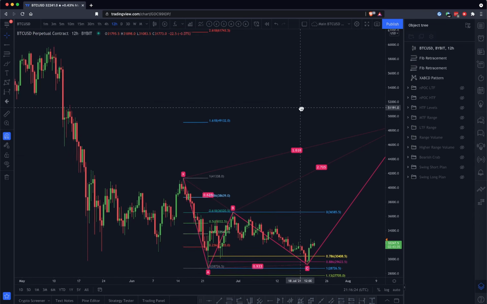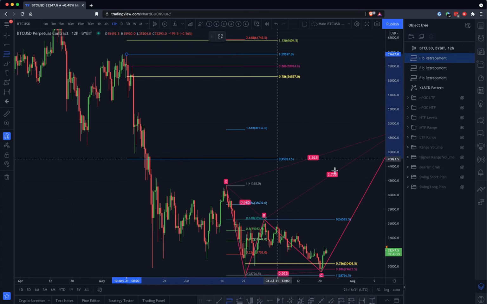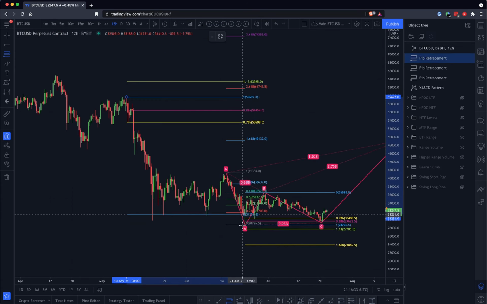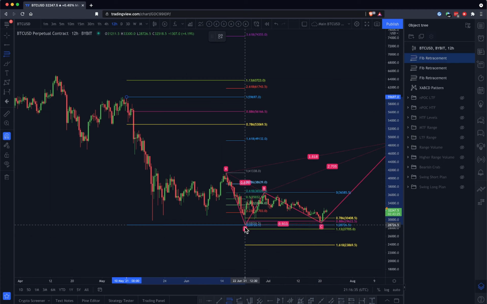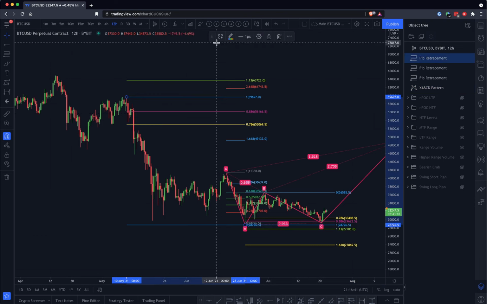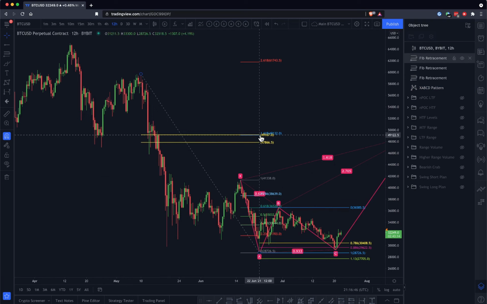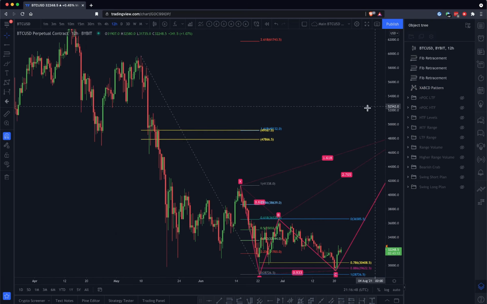So let's pull our fib from this high to the lowest that we have here, and see where our golden pocket is, our 0.66 Fibonacci, which is very important. You see, it's lining up with the same price.